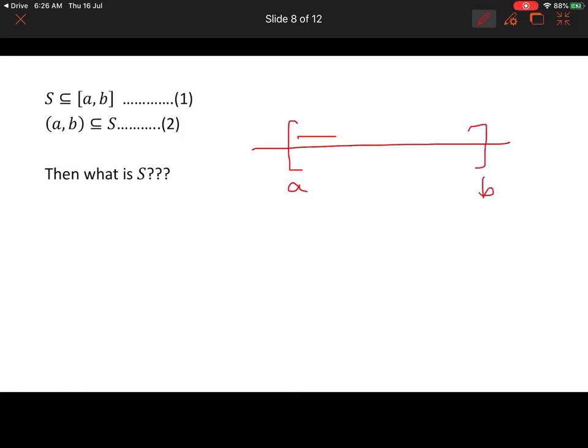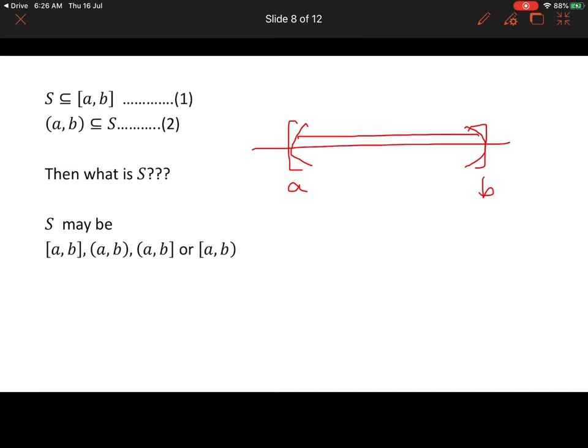S lies between A and B, but every element in the open interval AB is in S. Then S can be the closed interval AB, it can be the open interval AB, it can be open A closed B, or closed A open B. We have only these 4 chances, and all these are intervals, and we had to prove that S is an interval.